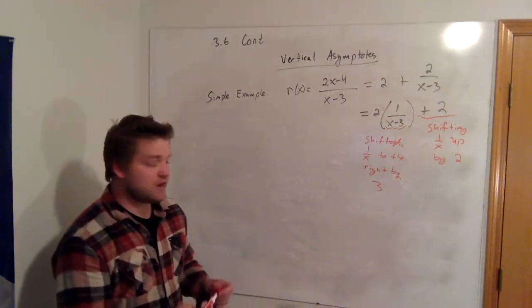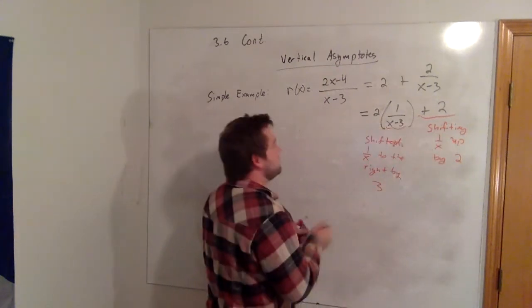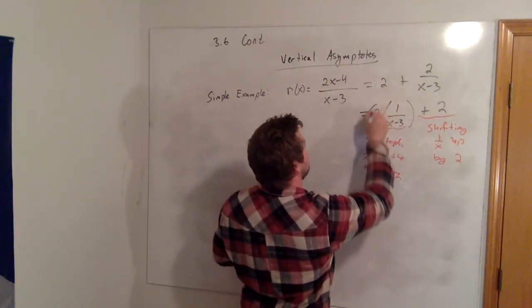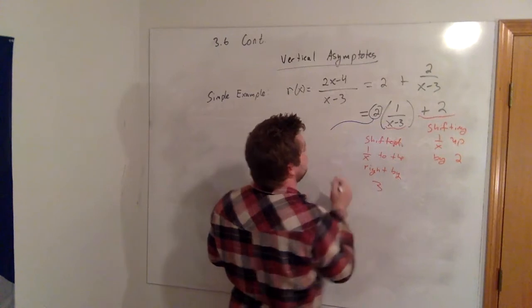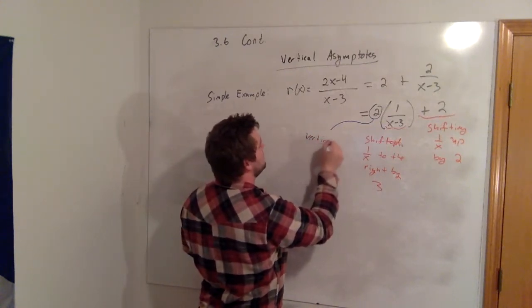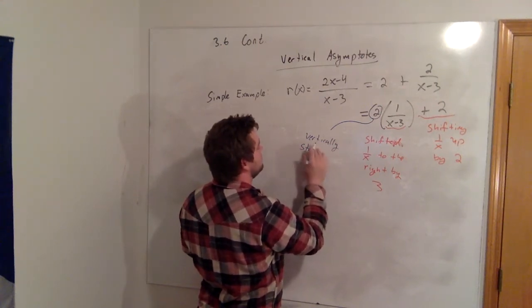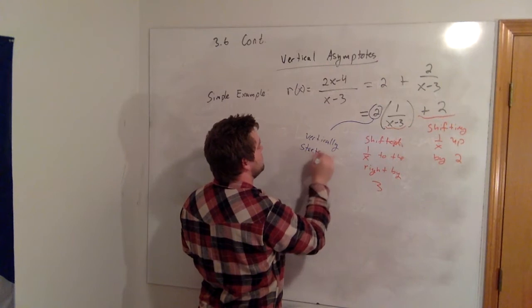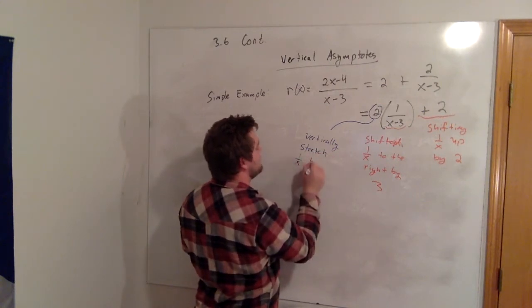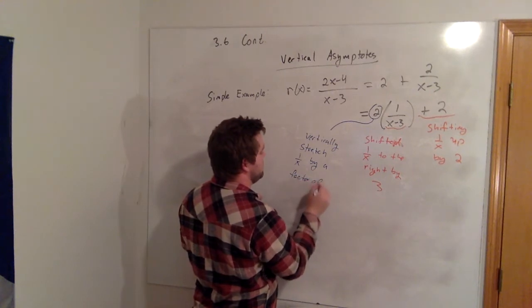Okay, and we really just care about a loose sketch of this. This 2 out front, just for completeness, is going to vertically stretch 1 over x by a factor of 2.